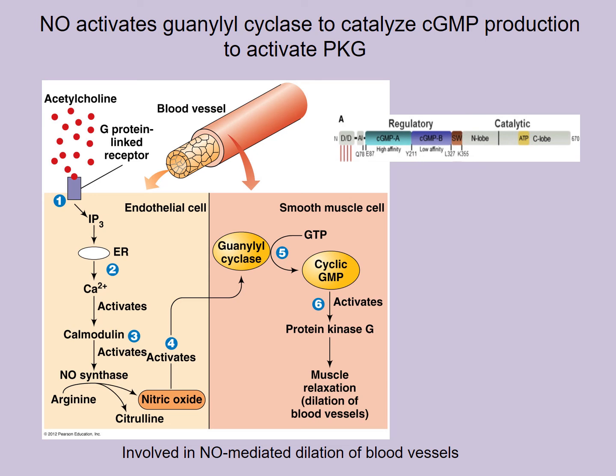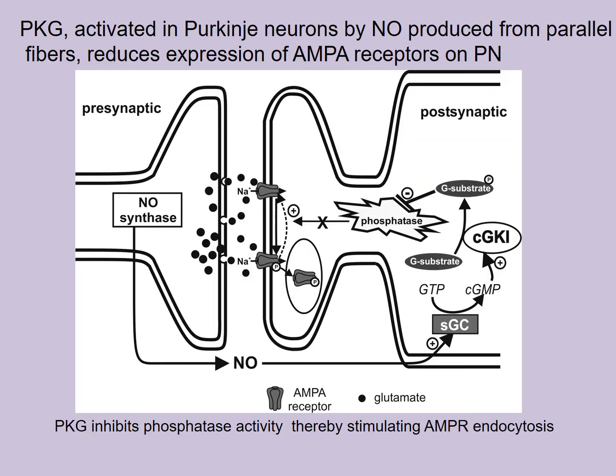And here's the PKG structure shown on the panel on your right. Again, it has regulatory and catalytic subunits, and also has an inhibitory domain, a pseudosubstrate domain, and a hinge that allows it to fold on, so the catalytic subunit is inhibited by its inhibitory domain, and it can also dimerize. So PKG actually has a dimerization domain.